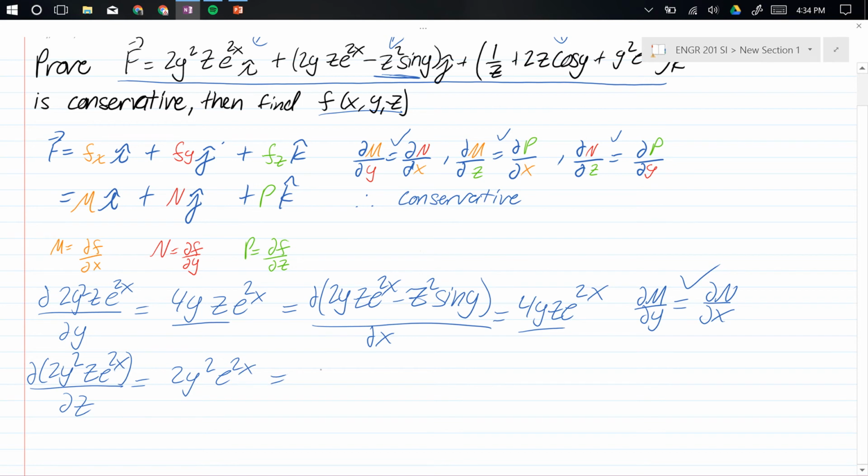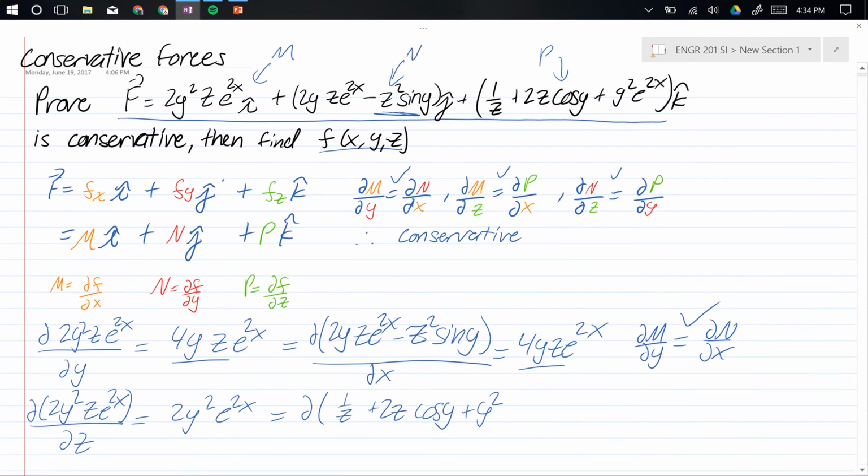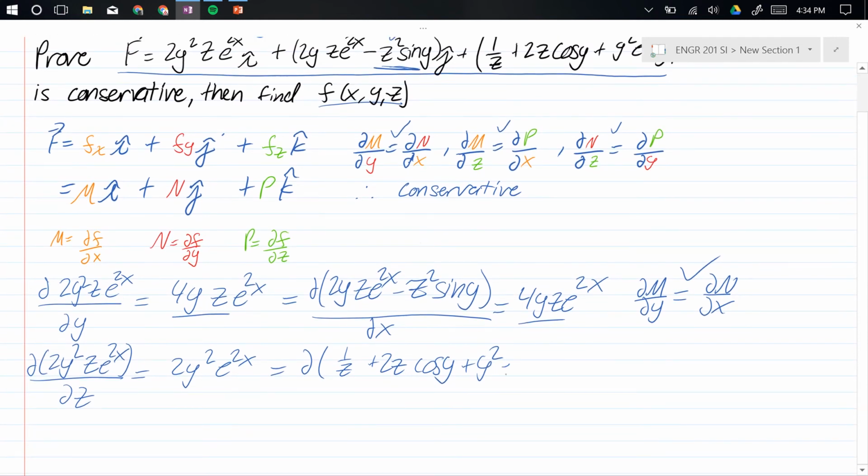And this should equal the partial of p, which is 1 over z plus 2z cosine y plus y squared e to the 2x, all with respect to x.